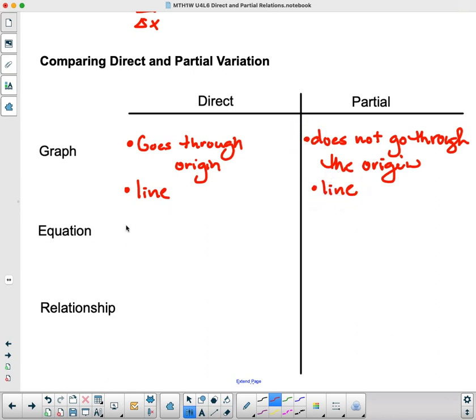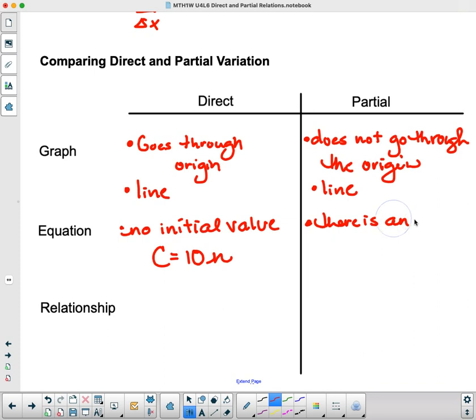For the equation of a direct variation, there is no initial value. So the equation is going to look like C equals 10n. And over here, for a partial variation, there is an initial value. So that might look like C equals 10n plus 3.